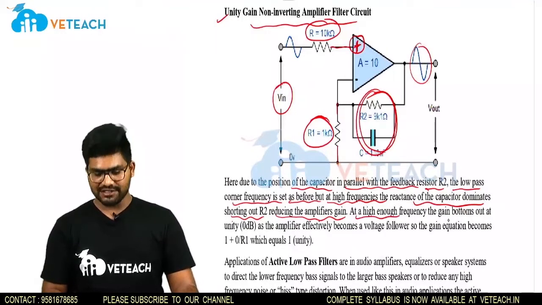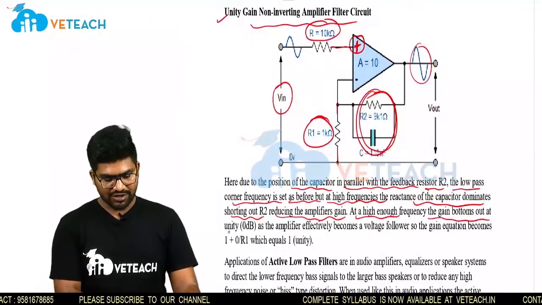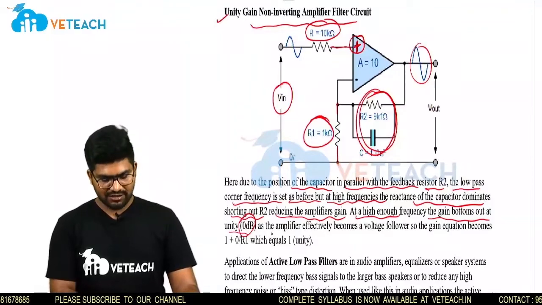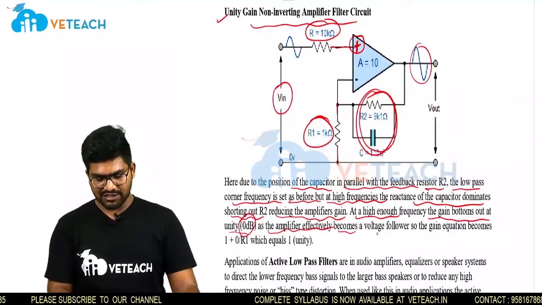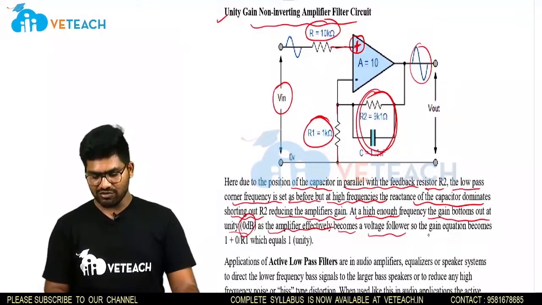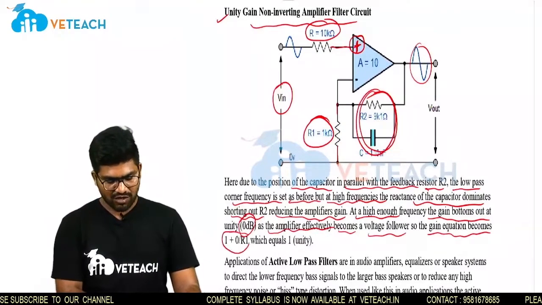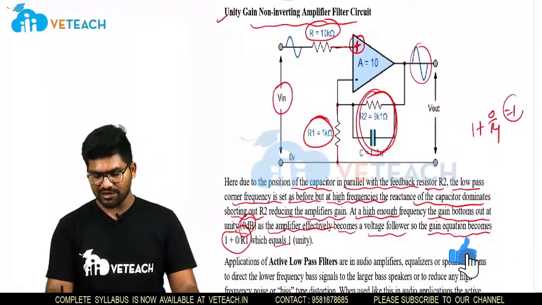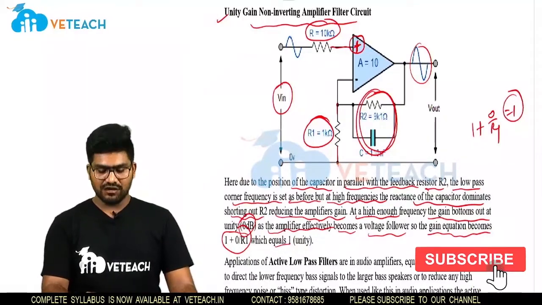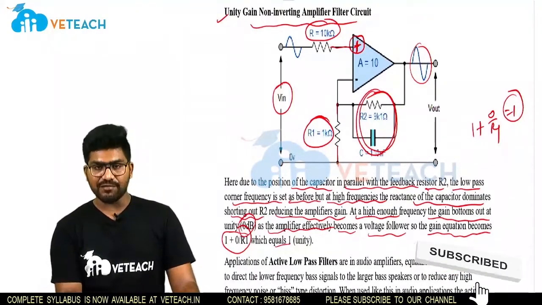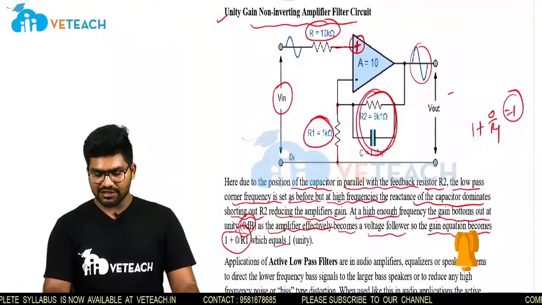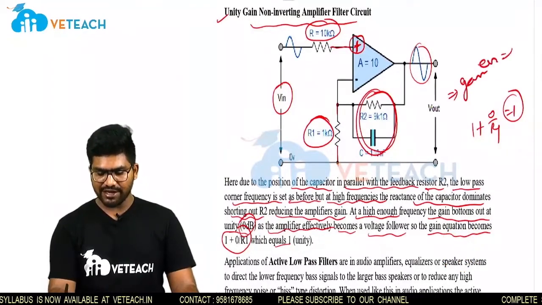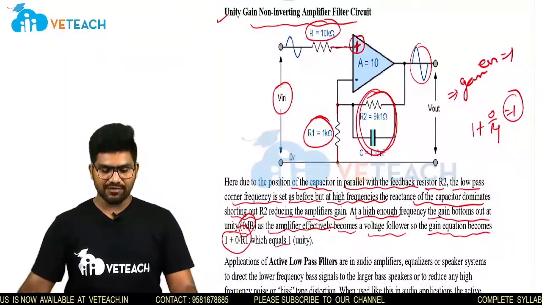At high enough frequencies, the gain bottoms out at unity, 0 dB, as the amplifier effectively becomes a voltage follower. So the gain equation becomes 1 plus 0 by R1, which equals unity. So by making the RC parallel circuit in the feedback, we get the gain as unity with a non-inverting amplifier.